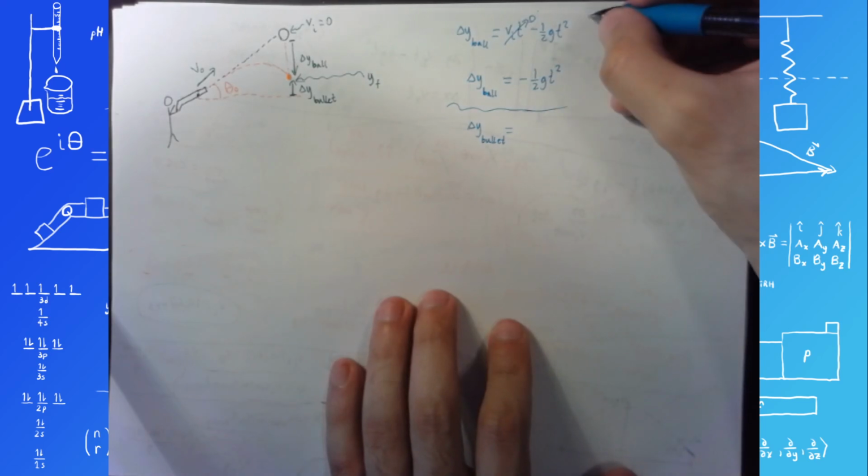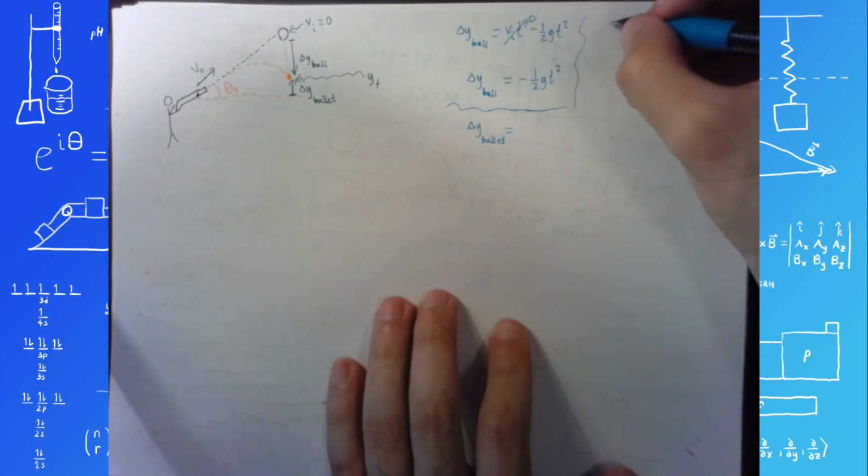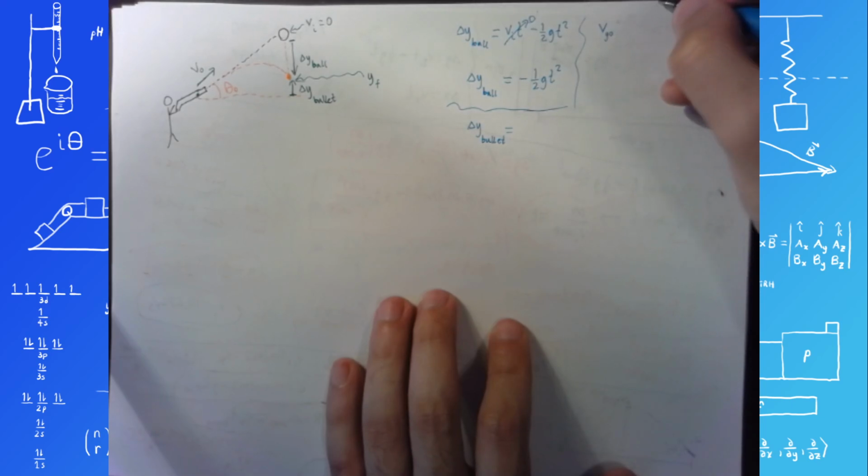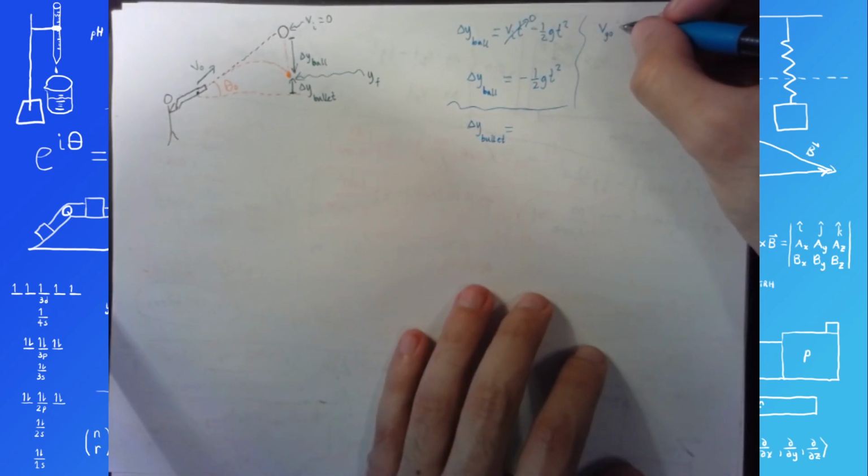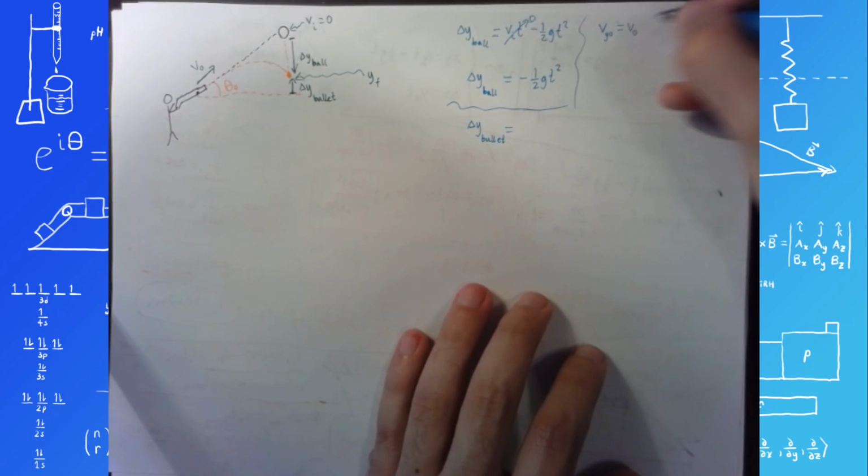So Vy initial of the bullet, I'm going to call that Vy0, is equal to V0 times sine of theta 0.